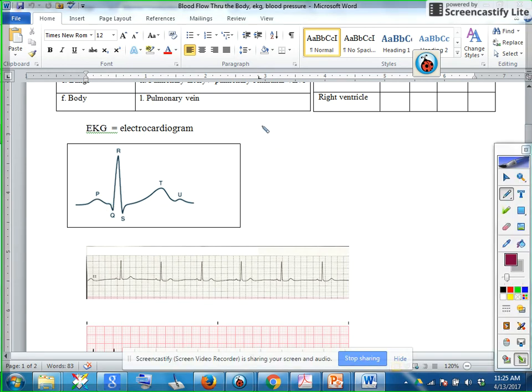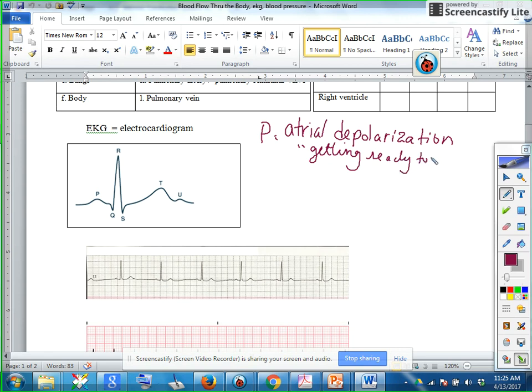So this P is marking atrial depolarization. Basically, the atria are getting ready to contract.